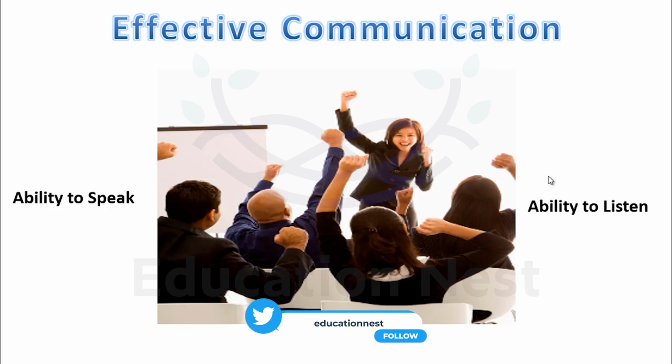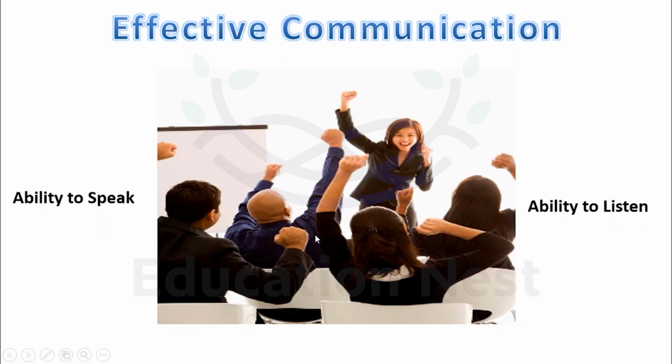So communication is effective, my message, whatever I wanted to pass on, is achieved when the parties to communication have the ability to speak as well as the ability to listen. As a result, I get effective communication.